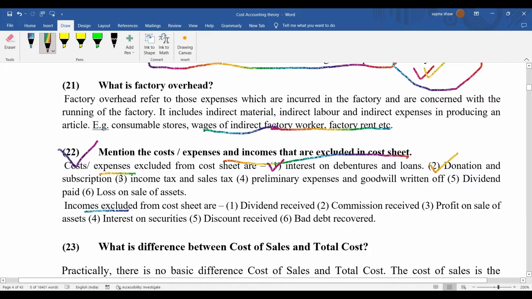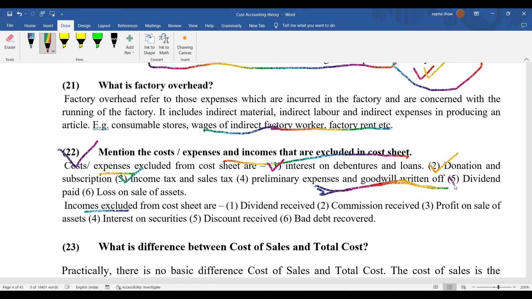Next is any income tax or sales tax we are paying. We will not include it in the cost sheet. And goodwill written off, I think you know what goodwill written off is, or the preliminary expenses. These expenses are not included in the cost sheet.